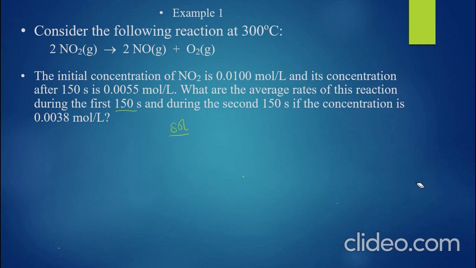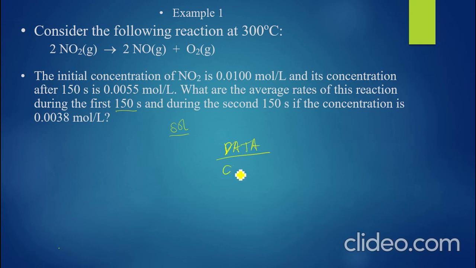So here on the second question, it's asking for the average rate during the second 150 seconds, if the concentration is 0.0038 mole per liter. So it's another 150 seconds and the concentration has been given.